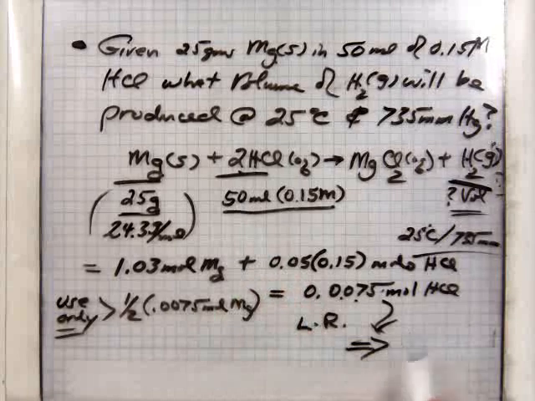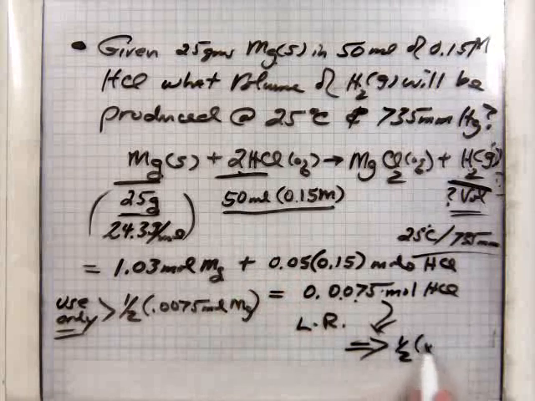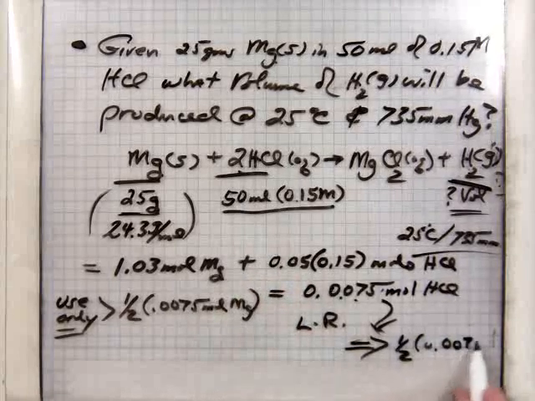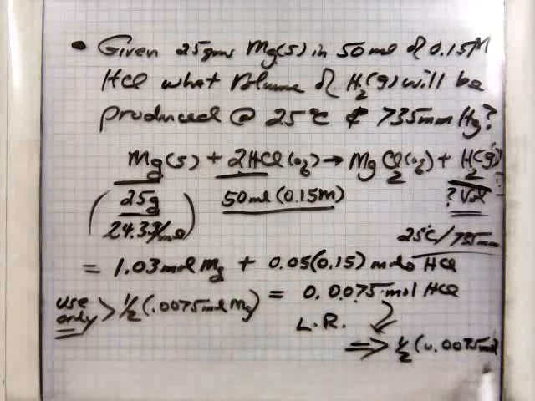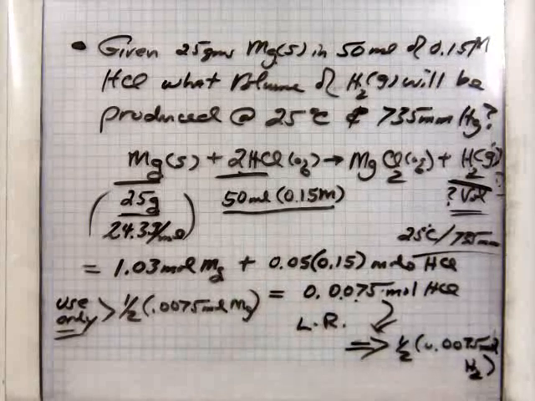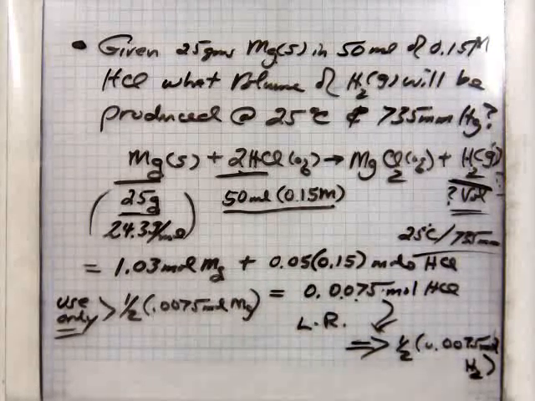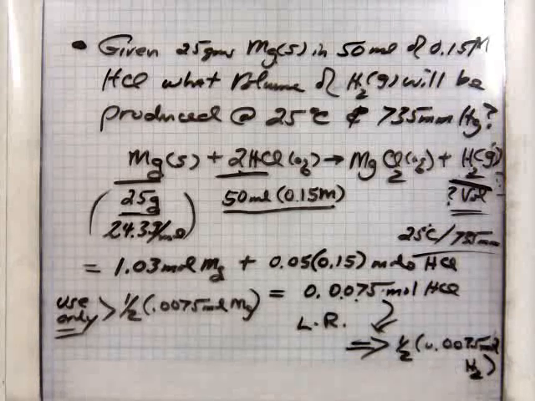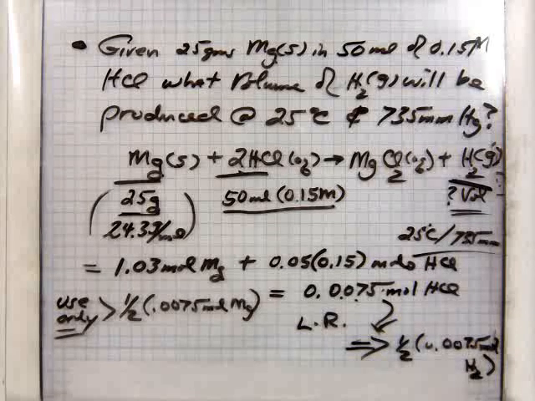Well, I need 1/2 of 0.0075 mole of H2 will be the yield. And so, whatever that half is, 0.0038.